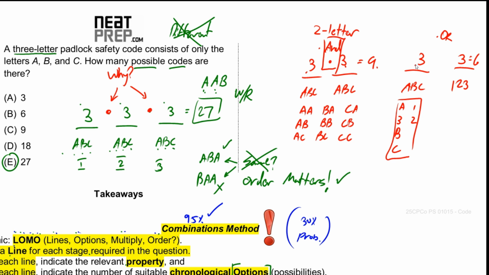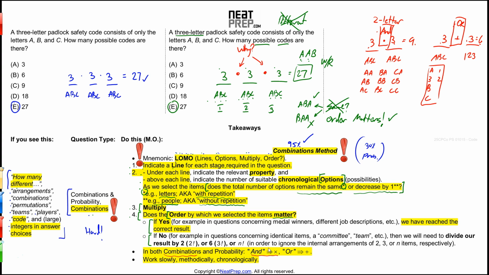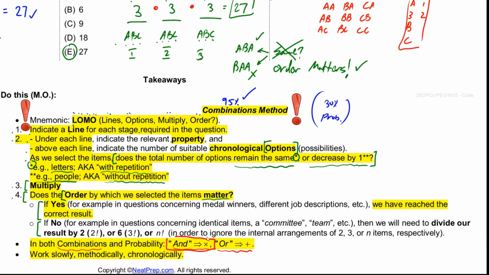How do we go from 3 or 3 to 6? By adding. In combinations, or equals addition. By the way, it should be noted that and equals multiplication and or equals addition in both combinations and probability, since these 2 question types are quite similar.